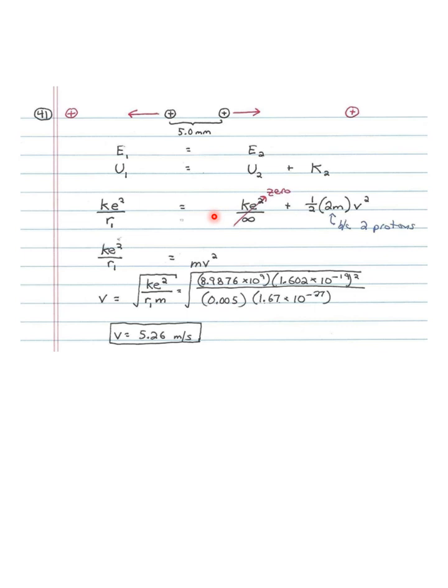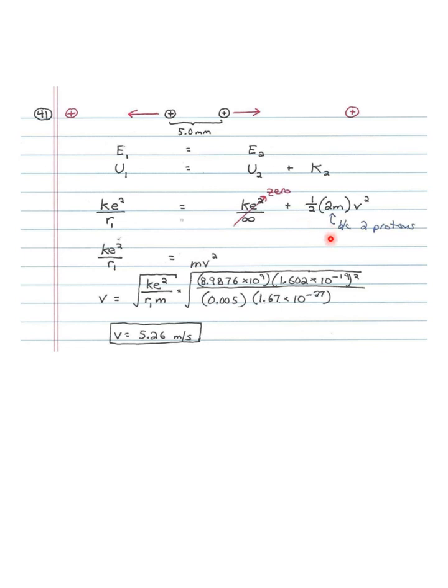So a great distance away, they have 0 potential energy. All of the energy has become kinetic energy. Kinetic energy is 1/2 mv squared, but keep in mind we're dealing with two separate particles, each of them having a mass of m. So we're going to say 1/2 times the collective mass, which is 2m times v squared.